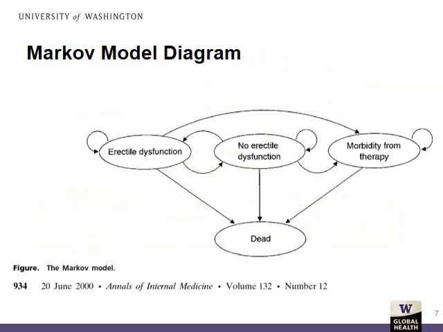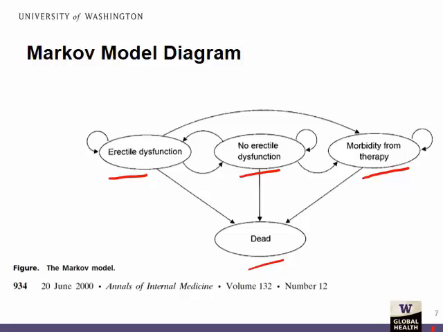So here is the Markov model for this application. You had a 4-state Markov model with erectile dysfunction, no erectile dysfunction, morbidity from therapy, and dead. And you can see the arrows which indicate the acceptable transitions. So even just with this diagram, you can build the transition matrix for this analysis.